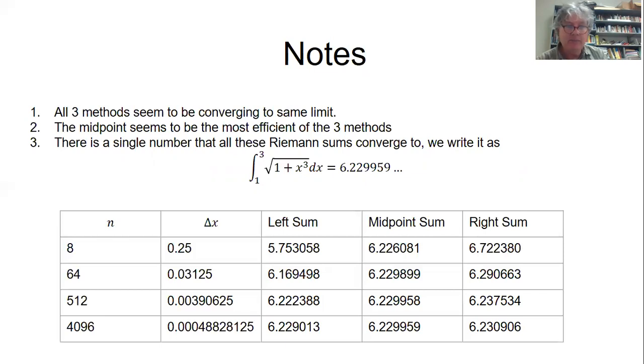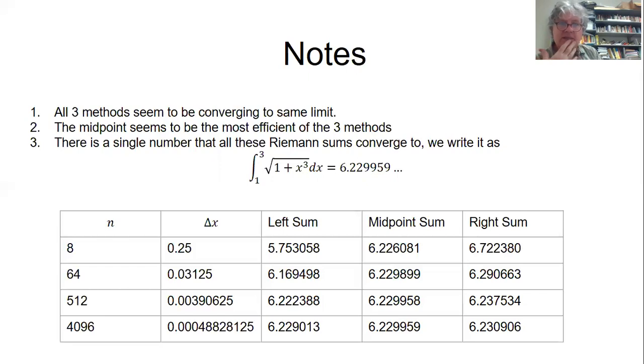With the left sum and the right sum, we had to use 4,096 subintervals to get a better answer than the midpoint sum gave with 8 subintervals. We can be really confident that the midpoint sum is giving us really good answers, and it hardly moved at all when we went from 512 to 4,096.